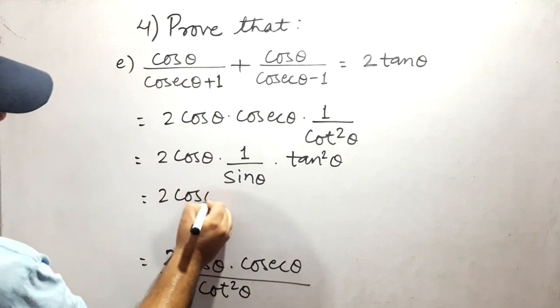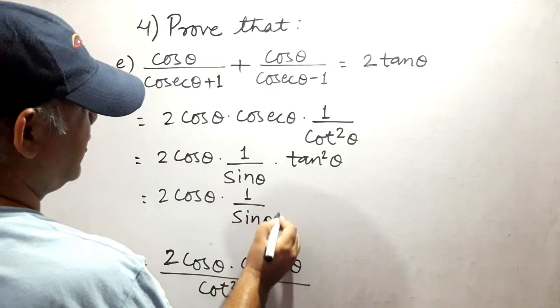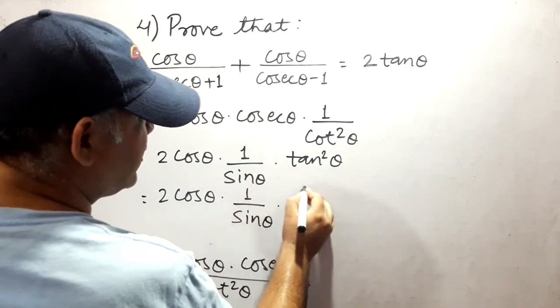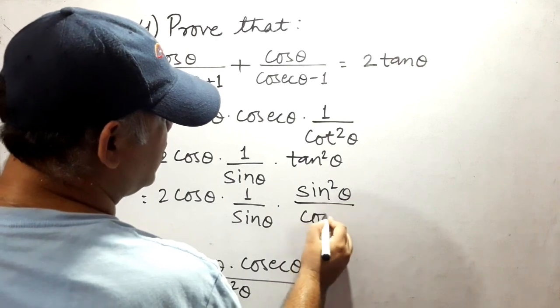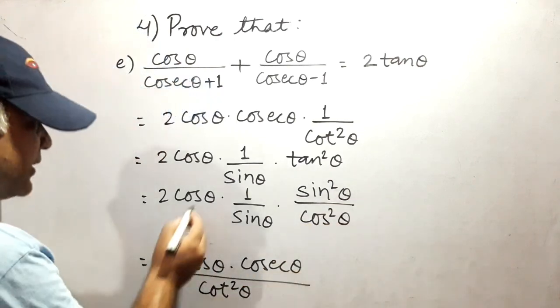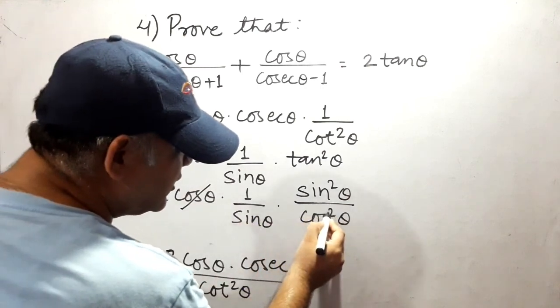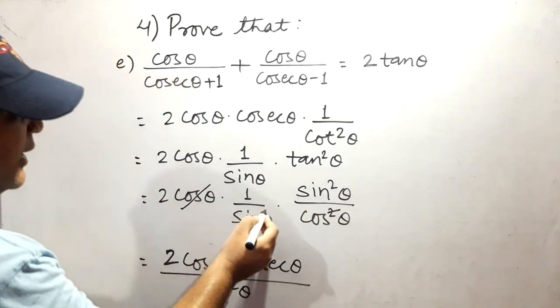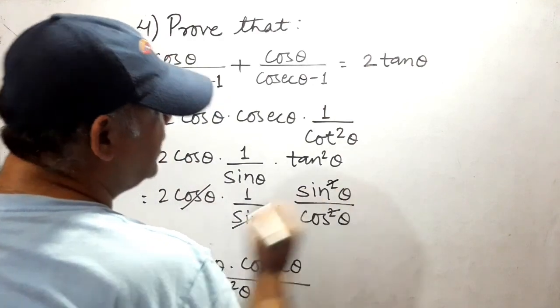2 cos theta into 1 by sin theta into tan square theta can be written as sin square theta by cos square theta. Let's cancel 1 cos theta in the numerator and 1 cos theta in the denominator. Similarly, let's cancel the sin theta in the denominator and 1 sin theta in the numerator.